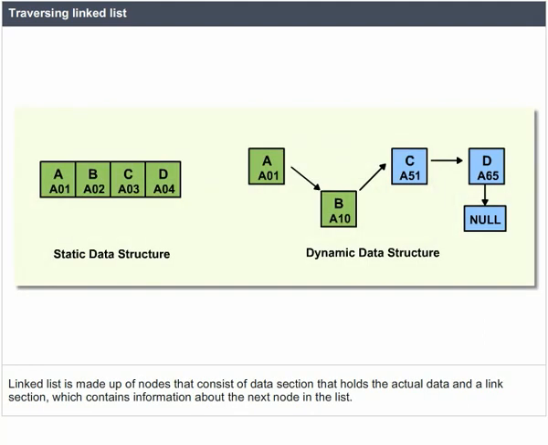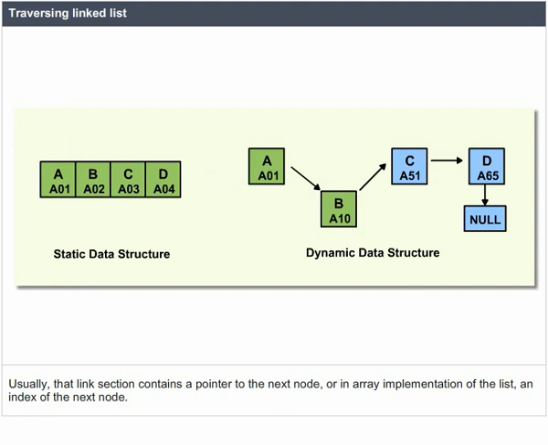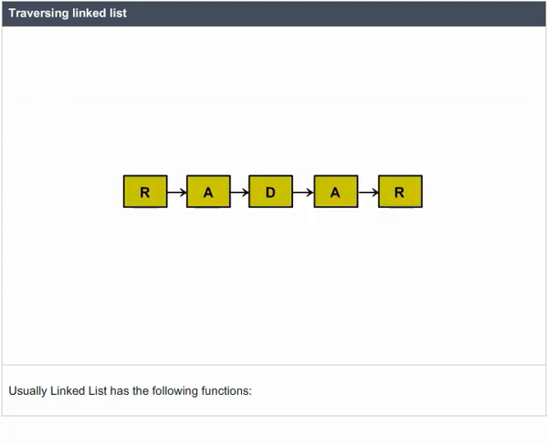A linked list is made up of nodes that consist of a data section that holds the actual data and a link section which contains information about the next node in the list. Usually, that link section contains a pointer to the next node, or in an array implementation of the list, an index of the next node. Usually, a linked list has the following functions.